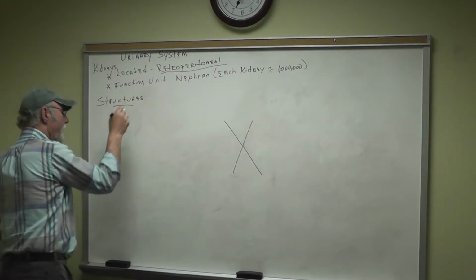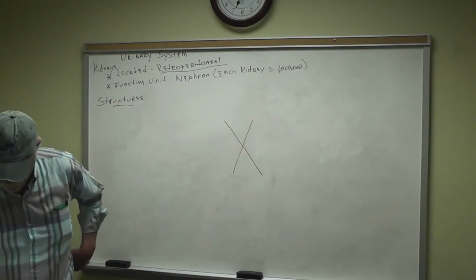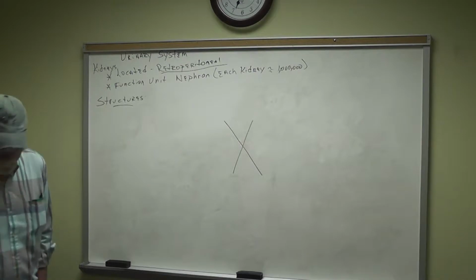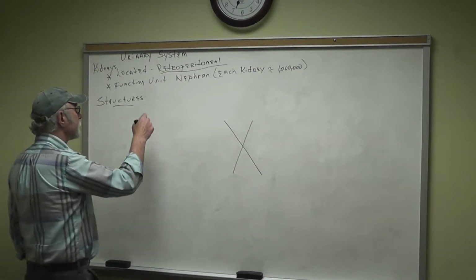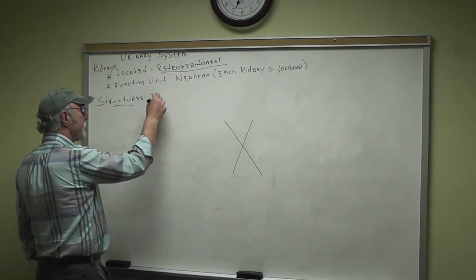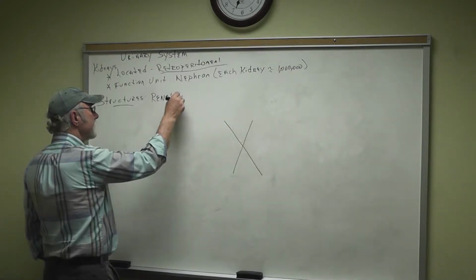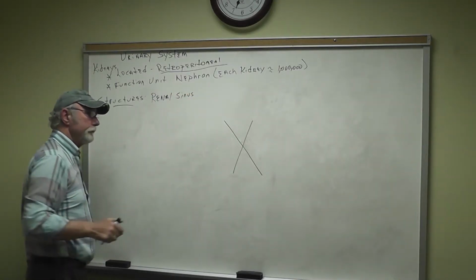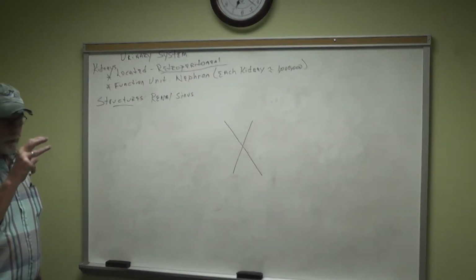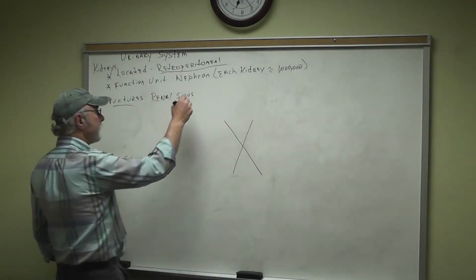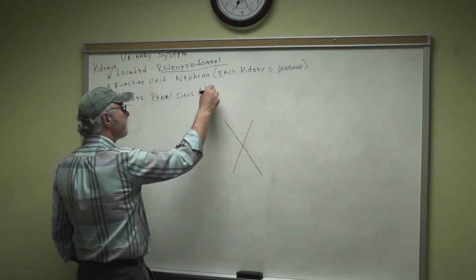Okay, and we're going through, and we have what they call the renal sinus. And again, a sinus is just a big opening into an area called the hilum.